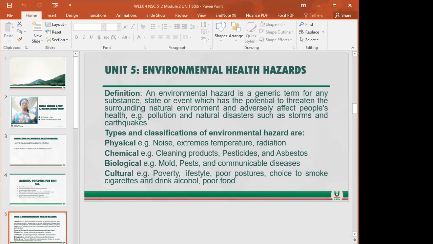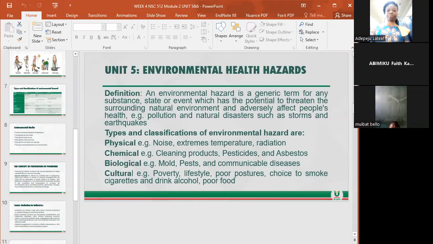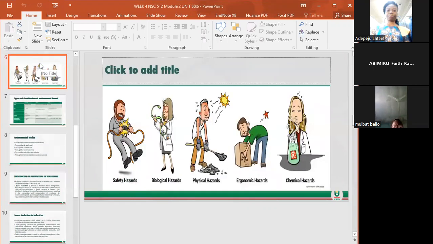So those are the different types of environmental hazard.